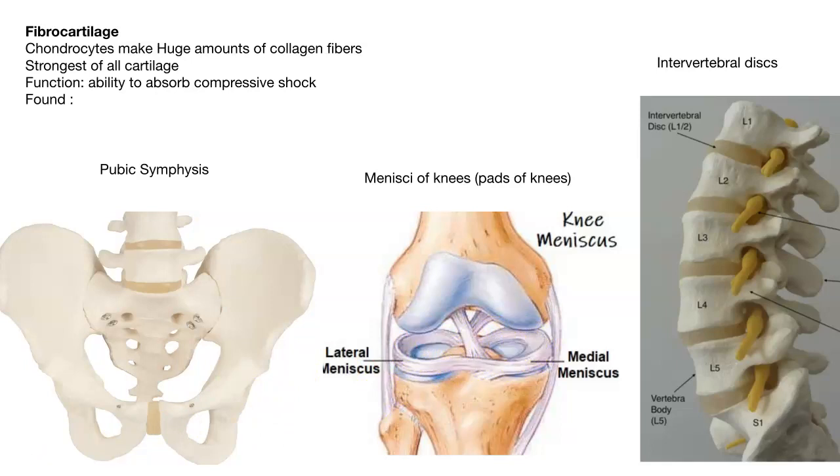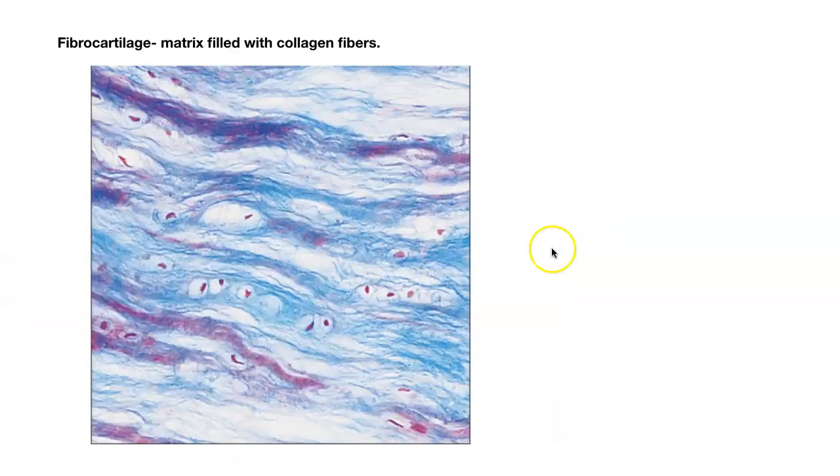So what does fibrocartilage look like? Well, we see lacunae. We see these white spaces around the chondrocytes. This is the nuclei of the chondrocytes, these kind of hot pink looking nuclei. So we know it's a cartilage, but this cartilage, number one, the lacunae and the chondrocytes are smaller than what you've seen.